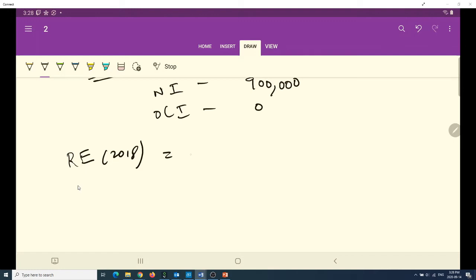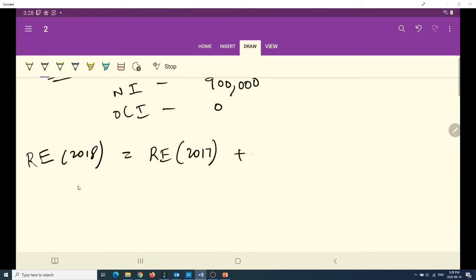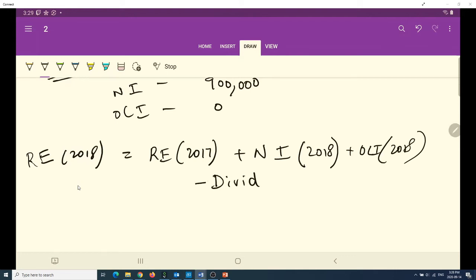So retained earnings can be thought of as the retained earnings from the previous year plus whatever net income they earned in the particular 2018 year, plus whatever other comprehensive income they earned that year, minus whatever amounts they spend in terms of dividends, minus repurchases.